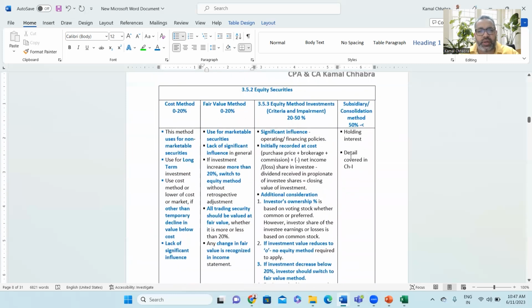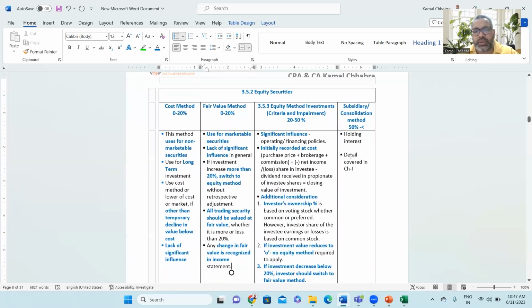This is what we studied in the first and second, cost method or fair value method.